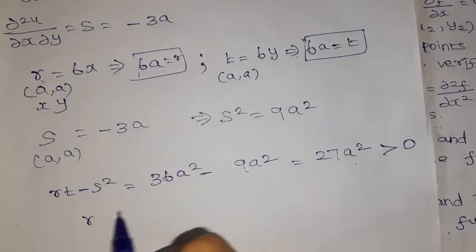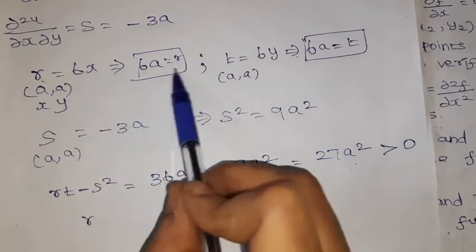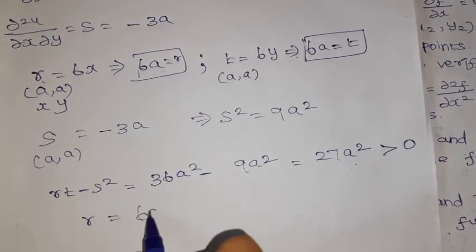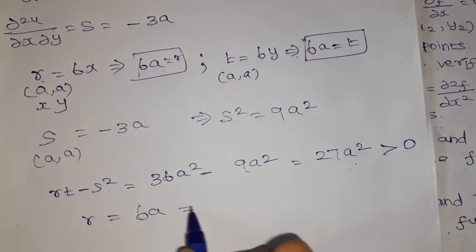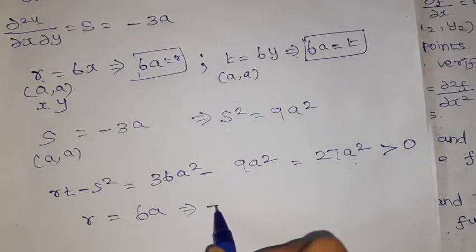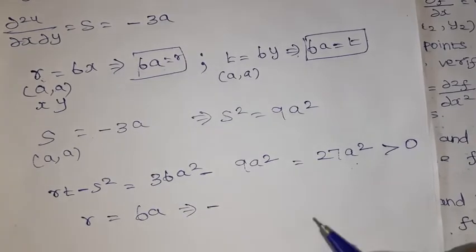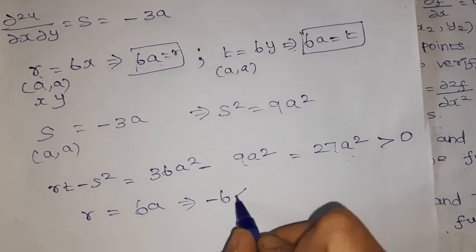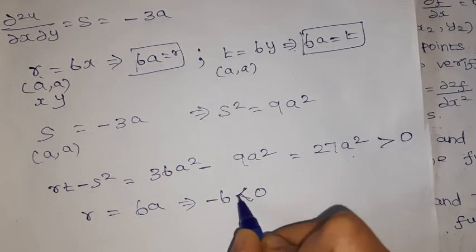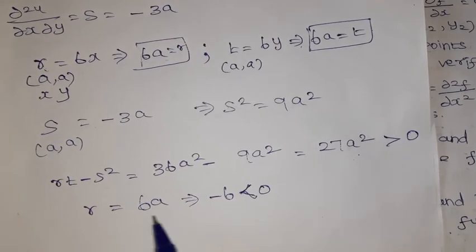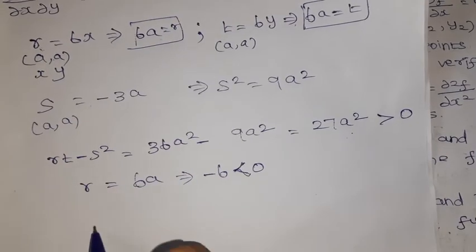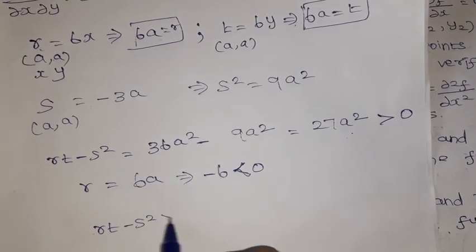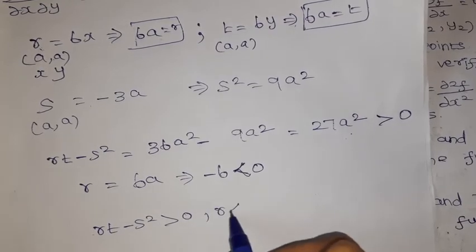Then R is 6a, and if A is negative, for example a equal to minus 1, we get minus 6, which is always less than 0. So RT minus S squared is greater than 0 and R is less than 0.